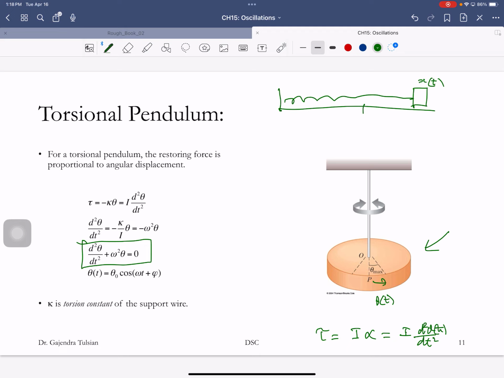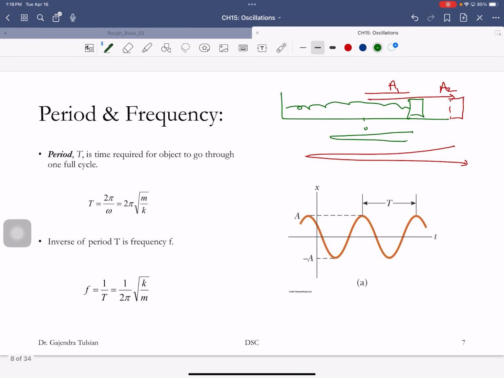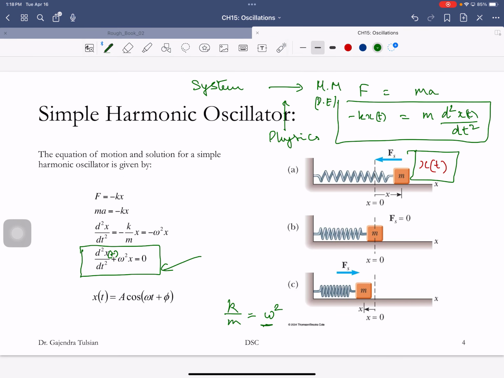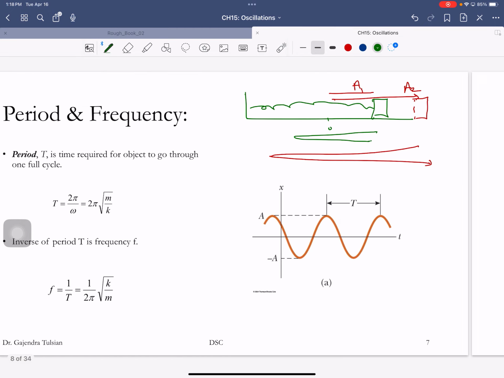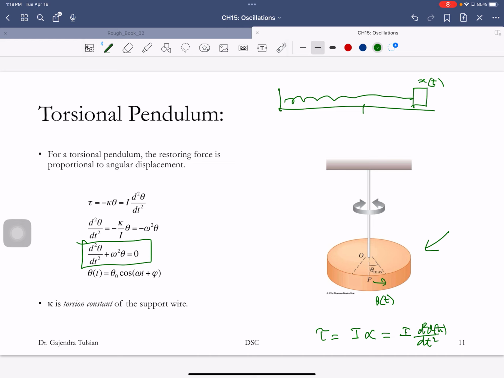Okay. Let me show you. That's exactly this differential equation satisfied by this system. Okay. So it was just a matter of how the configuration was measured: this system was measured by x of t, and the configuration of this one was measured by theta of t.